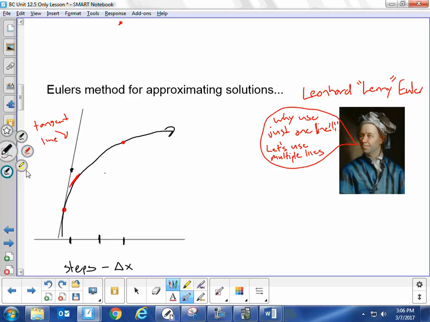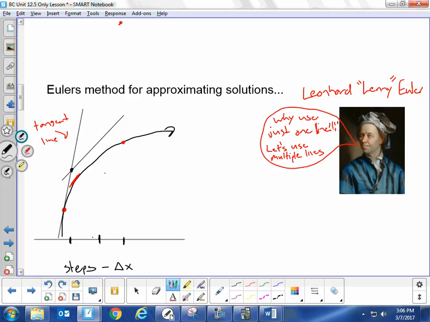So what he says is create what essentially is another tangent line right there. Now notice we're going off of this point, which isn't on my function, but I'm pretending like it is so that I know what slope to use. Okay? And then he says, okay, there's your first step.